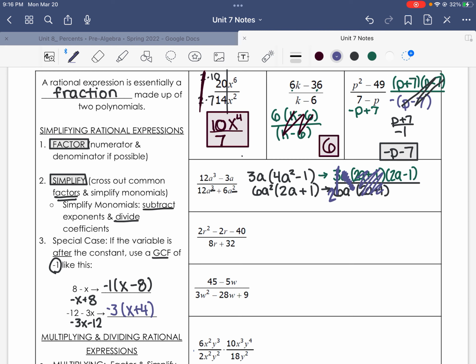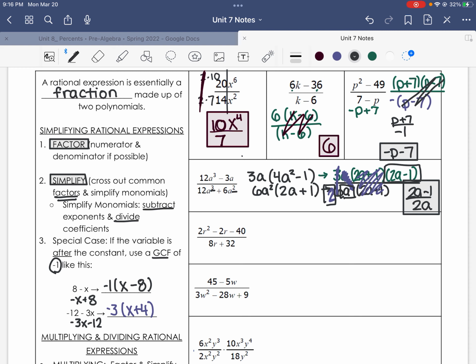So all I have left is 2a minus 1 on top, 2, and an a on the bottom. And that's it. So you've got to keep looking for the most possible things you can cross out.